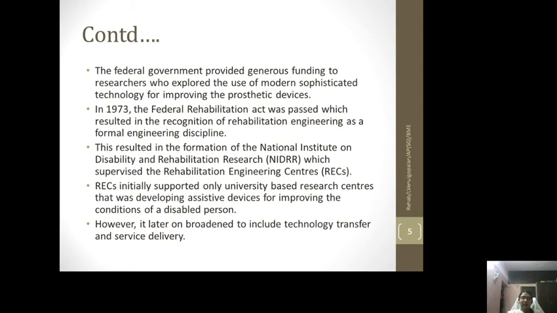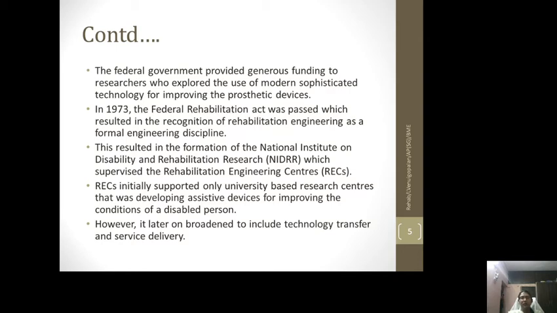So in 1973, the Federal Rehabilitation Act was passed, which resulted in the recognition of rehabilitation engineering as a formal engineering discipline. So this resulted in the formation of the National Institute on Disability and Rehabilitation Research, the NIDRR, which supervised the rehabilitation engineering centers.